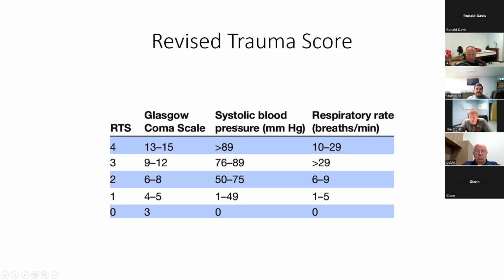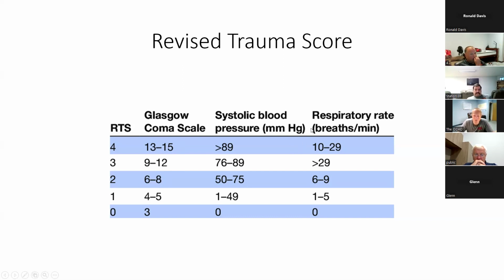You also have your systolic blood pressure with corresponding numbers, and your respiratory rate with corresponding numbers. While we're looking at this, let's say the GCS is a 10. We'll use the example of a 10. I'm sorry, the scale goes up to 12. So the scale's on a scale of 12, under 11.